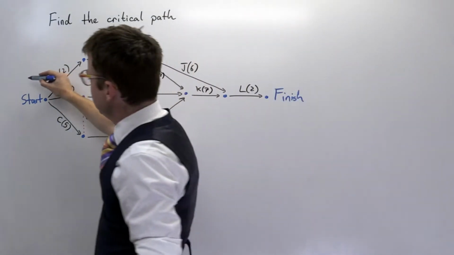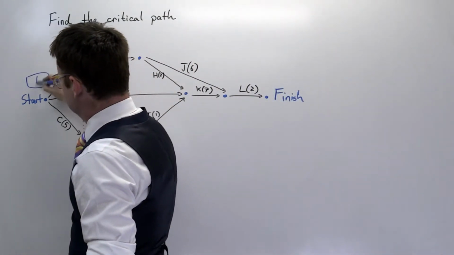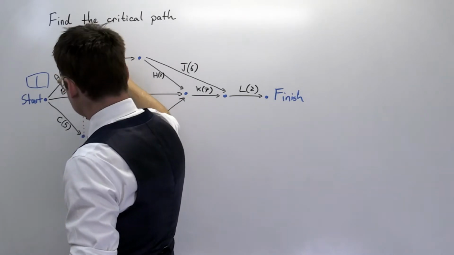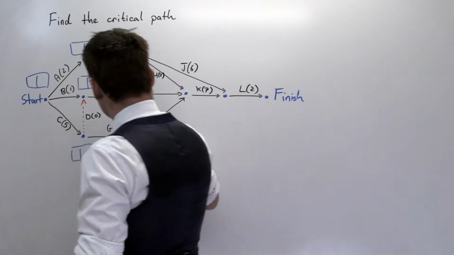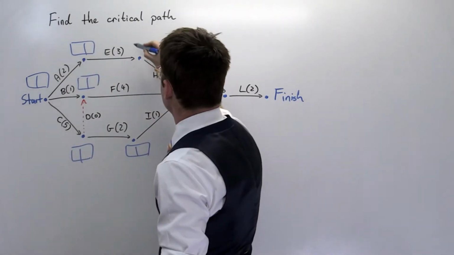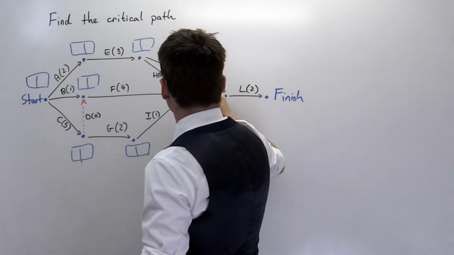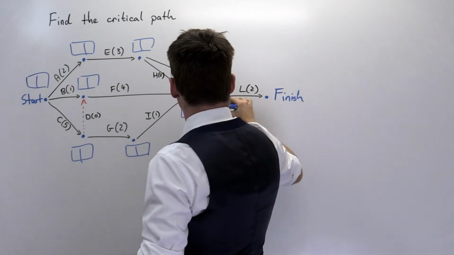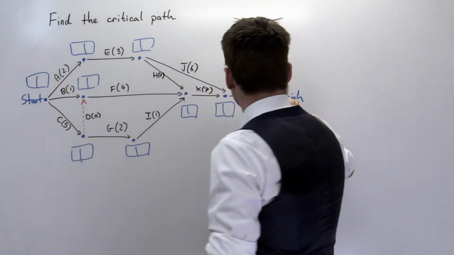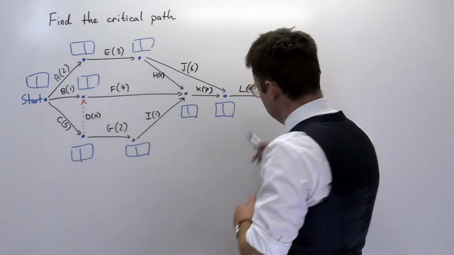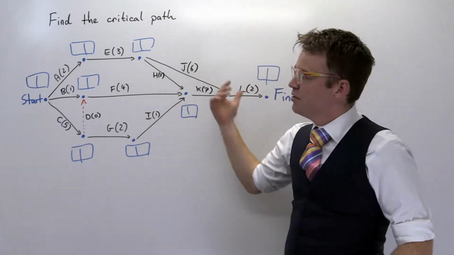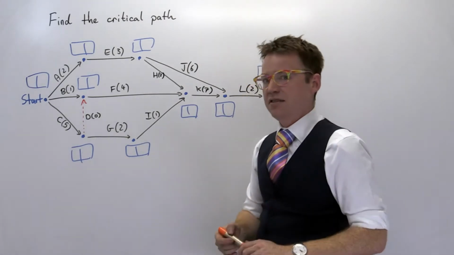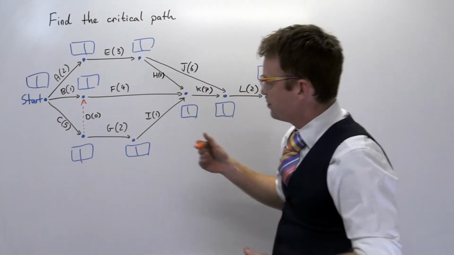Remember, you put boxes above all the vertices, like so. And you go through and you perform the forward scan to determine all the ESTs of these activities.